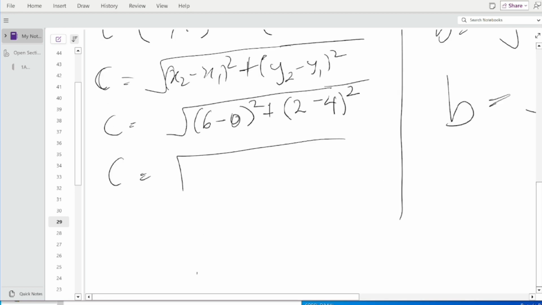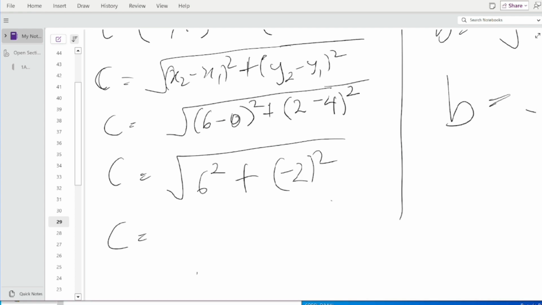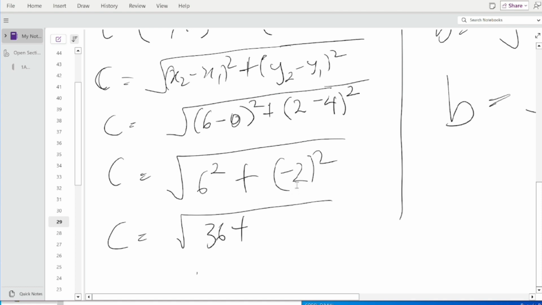C equals the square root of 6 minus 0, which is 6, squared, plus 2 minus 4, which is minus 2, squared. You can use your calculator on 2 minus 4 and you get minus 2, then you still have your square. So C is equal to the square root of 6 times 6, that's 36, plus minus 2 times minus 2, which is plus, 2 times 2 is 4.